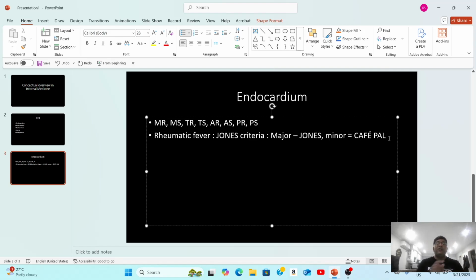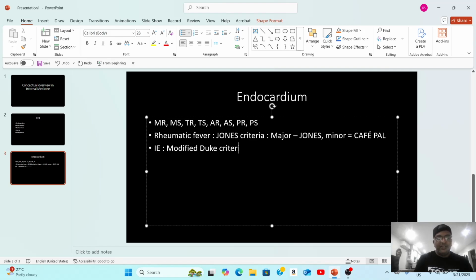So we have two major, or one major and two minor, that gives you a diagnosis of rheumatic fever together with evidence of the strep infection. So you can do an anti-streptolysin O titer, you can do a throat swab, and so forth. And of course, we have infective endocarditis, right? And the criteria we looked at there is the modified Duke criteria.